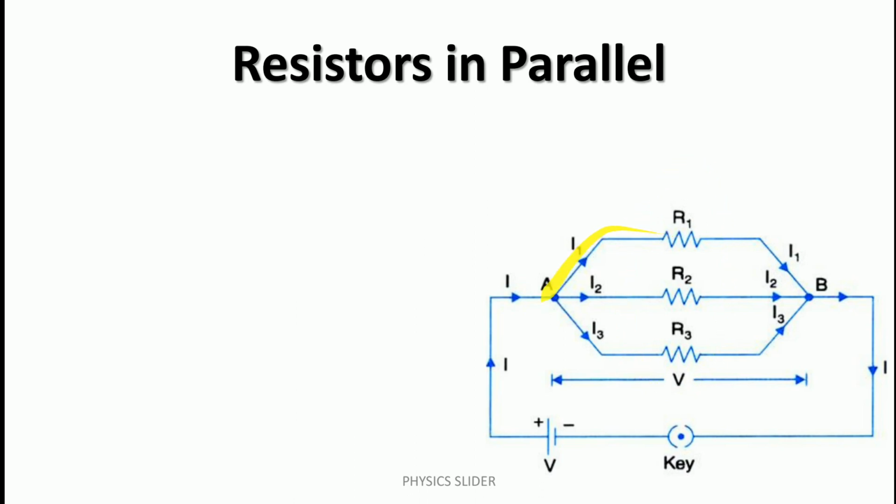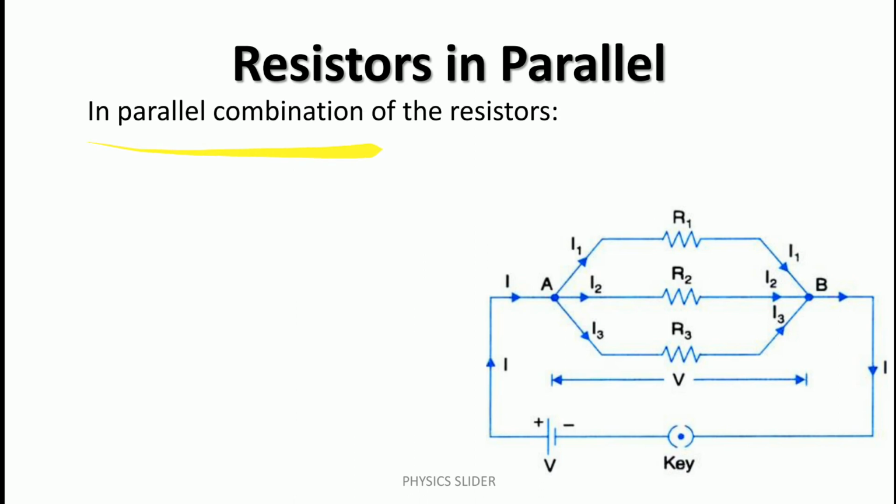One end of each resistor is connected to one terminal and the other ends of each resistor are connected to the other terminal. So these three resistors are in parallel. How to find the resultant in case of parallel combination, we will discuss here.